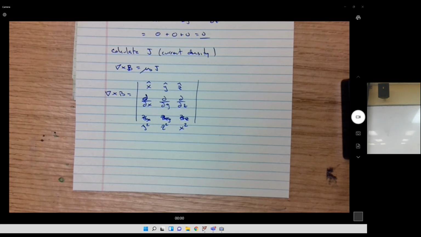So again, I cover this and this, and I have this term minus this term. And the last one, the same thing. The only thing is that you need a negative sign when you do the y component. That's the formula.